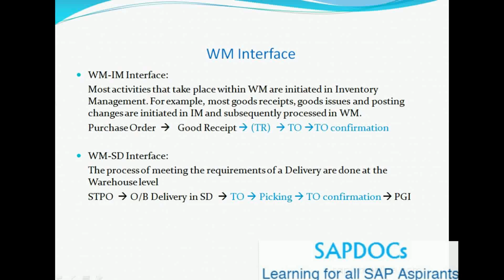The transfer order has to be picked. After picking, the TO has to be confirmed, and then you finally do a PGI. Once you do a PGI, the goods go out of the warehouse. Till you do a TO confirmation, the goods stay in the warehouse in the interim storage type 916.